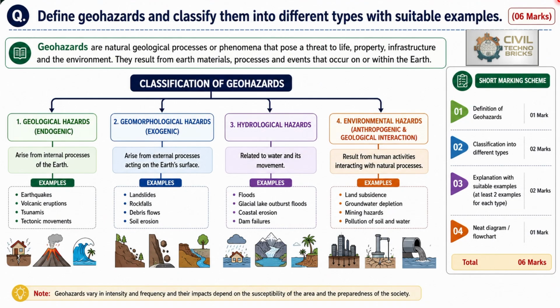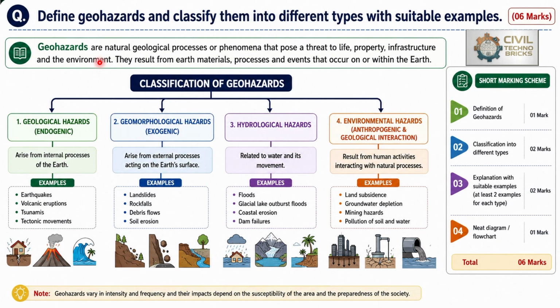The next most important question or topic related to the exam point of view is geohazards. The question is framed with reference to the definition: define geohazards and classify their types with suitable examples. So here the concept of geohazard and its classification is the actual focus with reference to the 6 marks point of view.